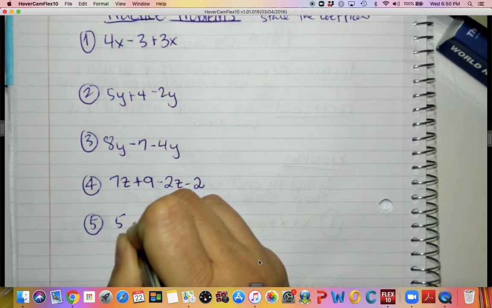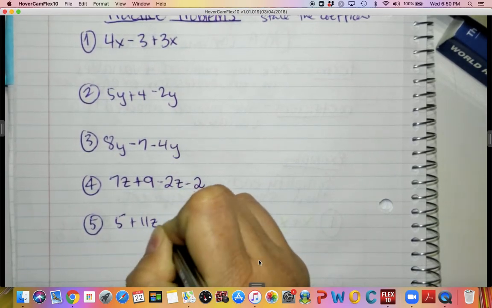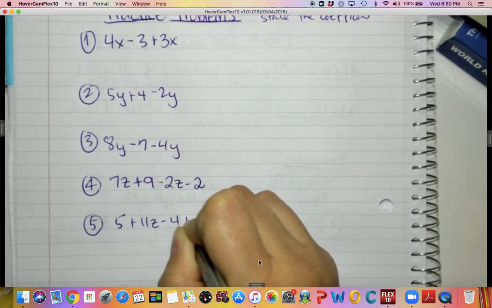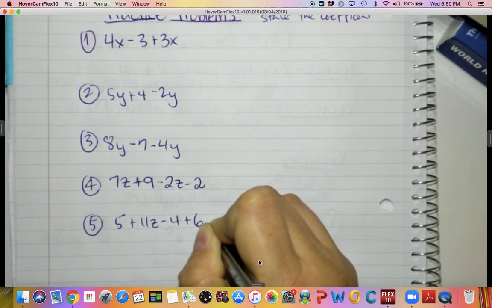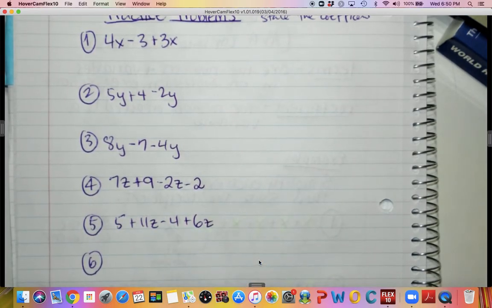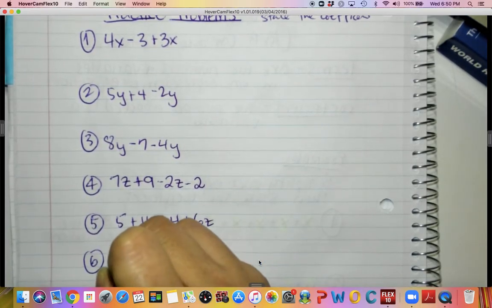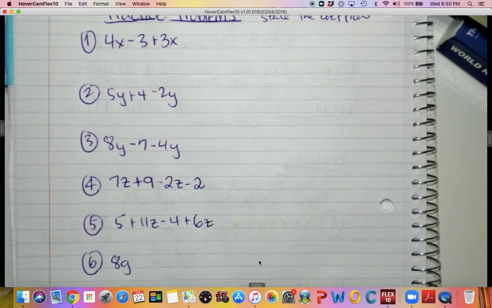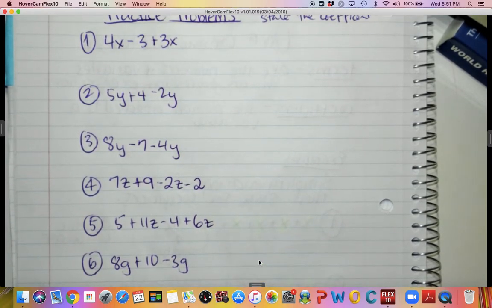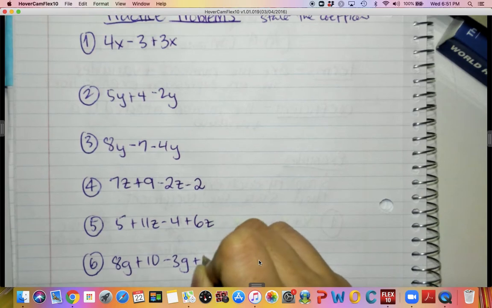Number 5 is 5 plus 11z minus 4 plus 6z. Number 6 is 8g plus 10 minus 3g plus 7.